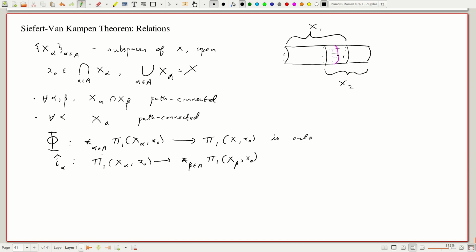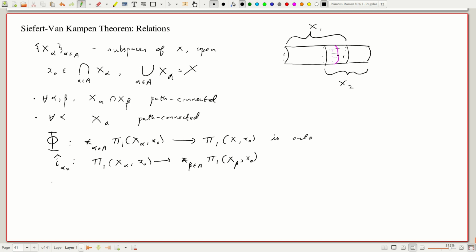So this is the algebraic map, which is an inclusion. Maybe I can put a star here because it's at group level, but this is not the map induced by inclusion into X. Instead it's the map which gives you the component in a free product.